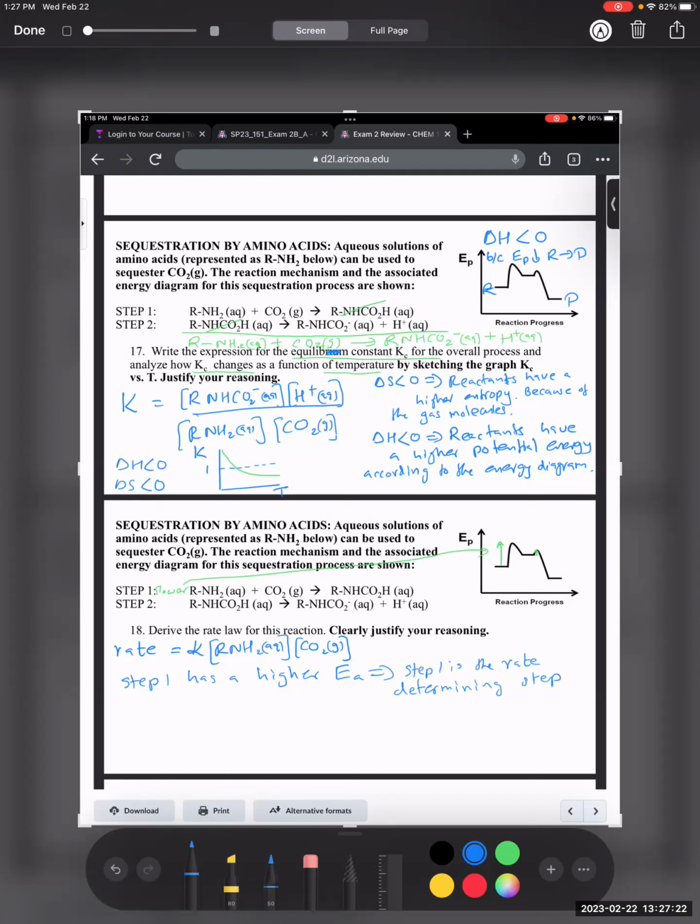Okay, and therefore we shouldn't have to write it, but let's write it anyway. The rate law for step 1 is the rate law for the entire reaction, for the overall reaction or entire reaction.